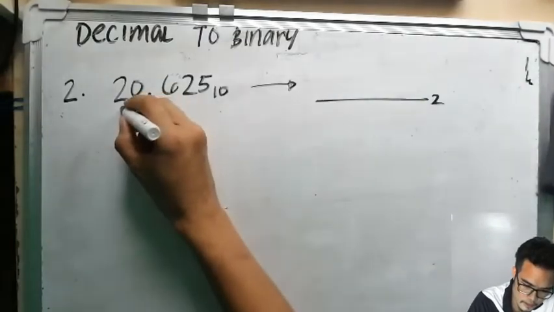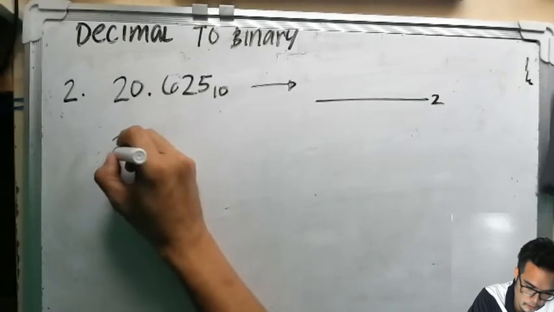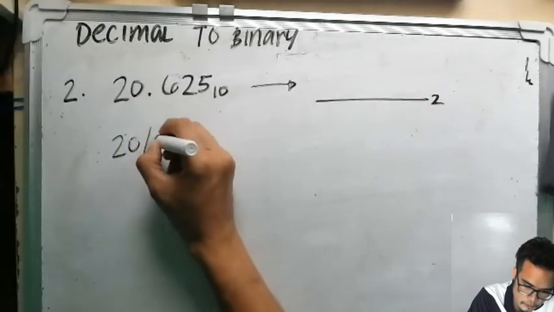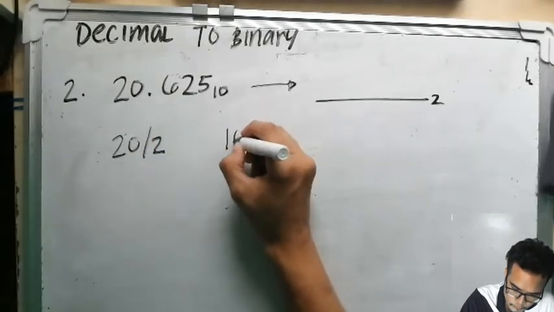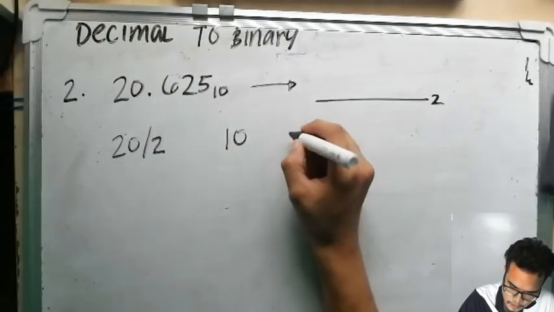Get the integral part, which is 20, then divide by 2. So 20 divided by 2 is 10. Then the remainder is 0.